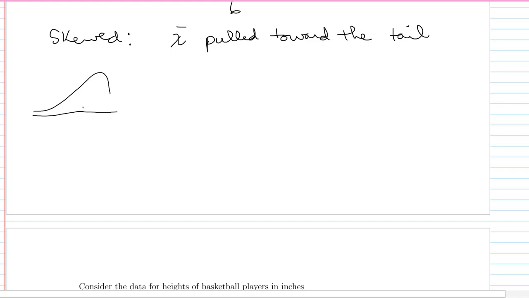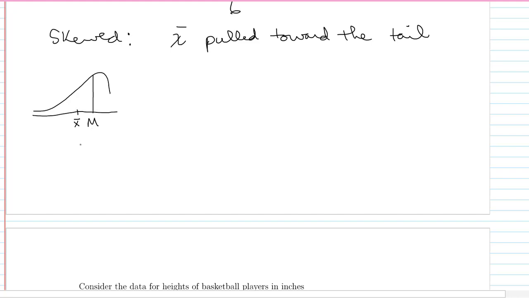Remember that the median is about 50% of the way to the left and to the right. So the median is going to be where a bulk of the data is, because 50% of this data is going to be here. So our median will be at this value, and the x bar, because it's sensitive to outliers, will be pulled towards the left.